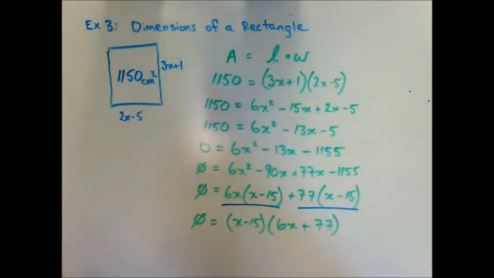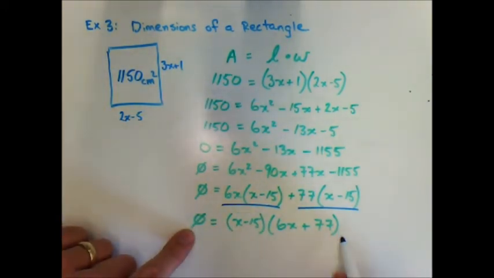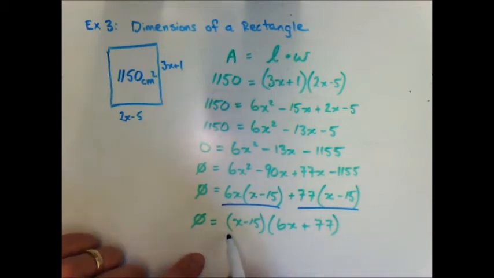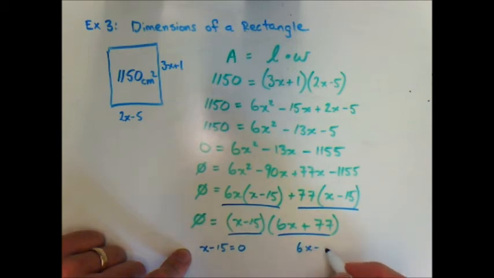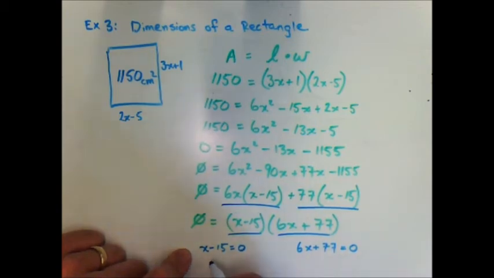So now what needs to be true in order for this equation to be true? One of those has to be equal to 0. Lovely. One of these factors has to be 0. So either x minus 15 equals 0 or 6x plus 77 equals 0. Over here, all I have to do is add 15 to both sides. x equals 15.